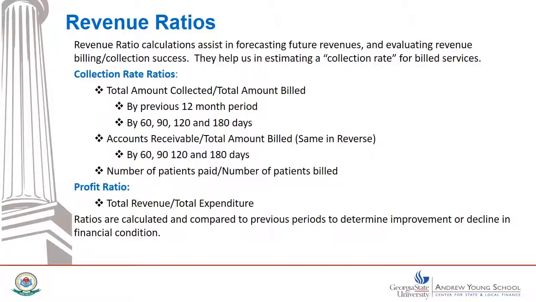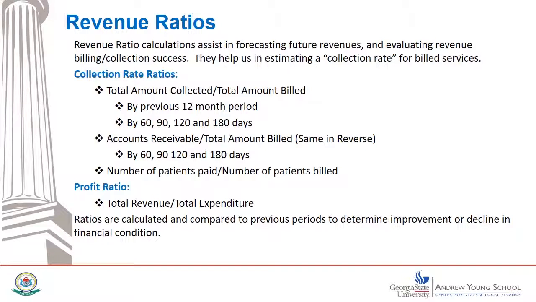As discussed earlier, a lab cannot assume that all the clients who have been billed will pay. It must therefore determine a collection rate, which is the percent of billable services that it estimates it can collect. Once it has a history of billing clients and collecting revenues for the billable services, it can begin to calculate collection ratios.